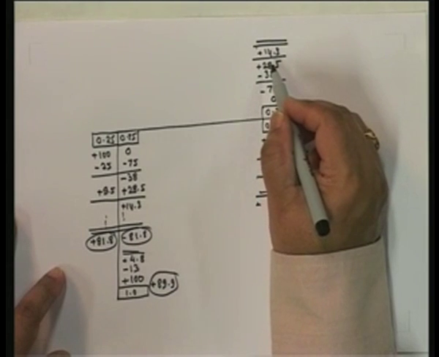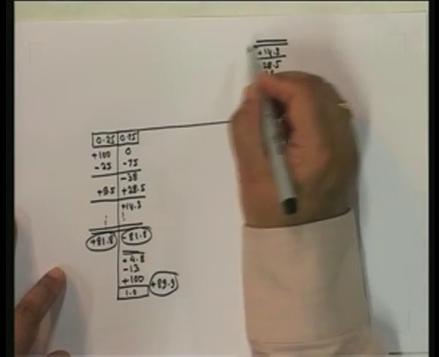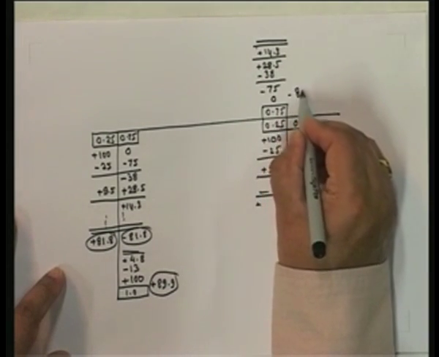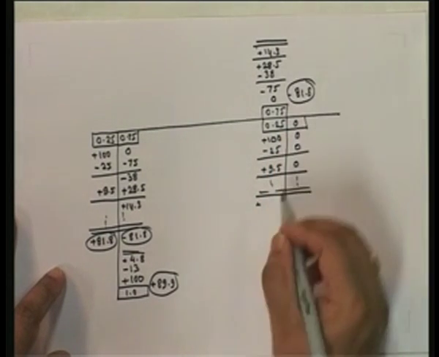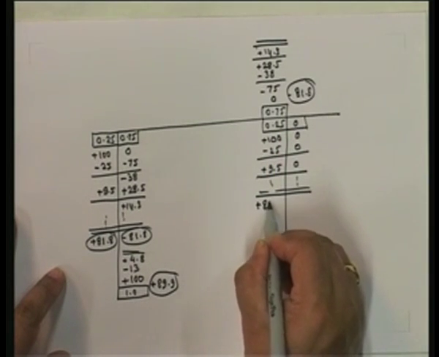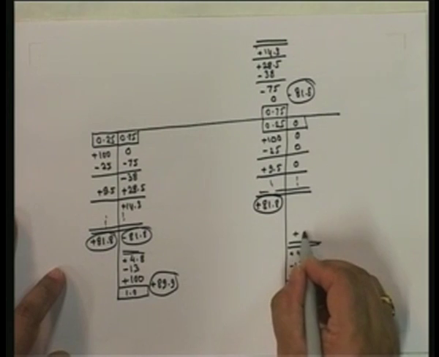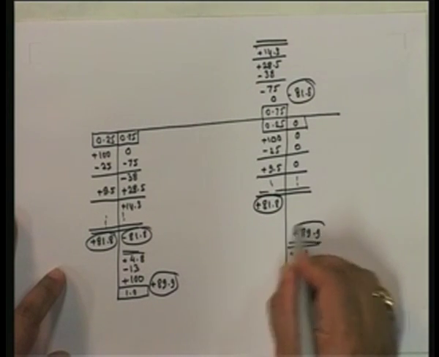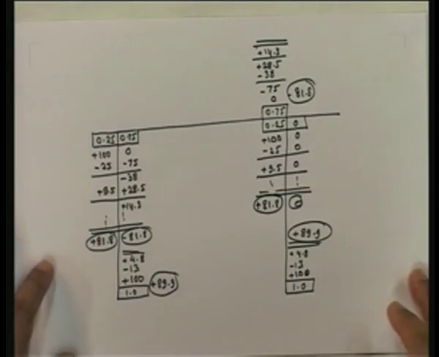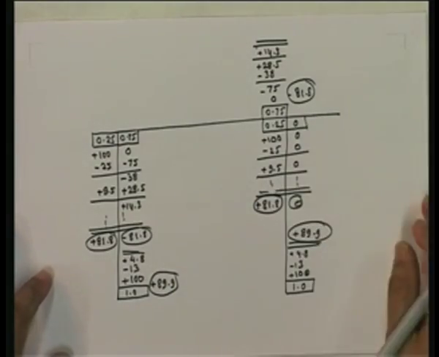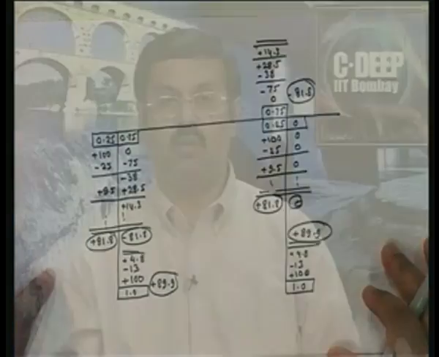This is going to be minus 81.8. Note that it's symmetric, so you're going to have exactly the same anti-symmetric. So you're going to have the same values coming through. This is going to be plus 89.9 and this is going to be 0. So we've done the moment distribution.